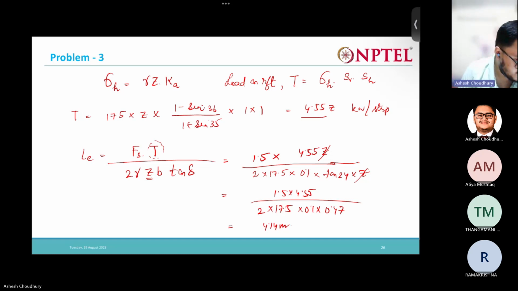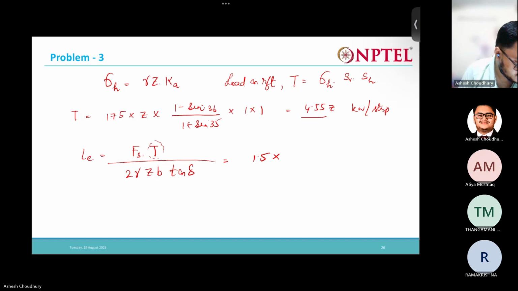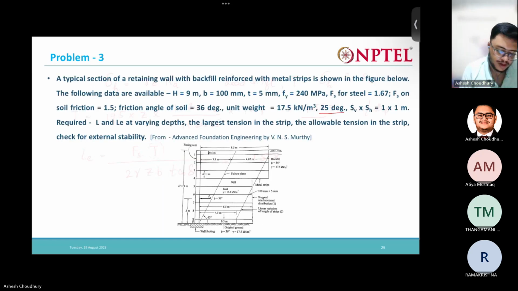Now, if we see the figure, 9 strips are used, so we can see the position of the strips from 1 to 9.